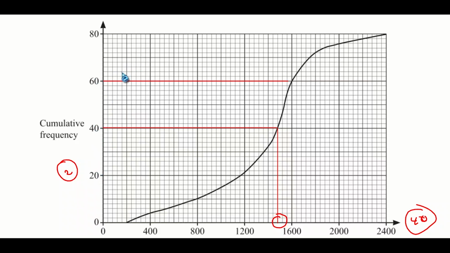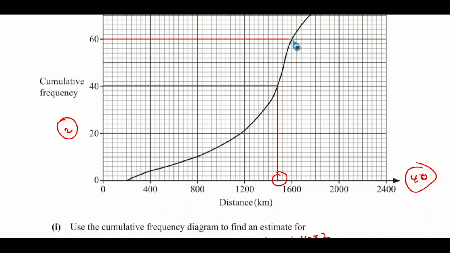So you don't need to do any calculation if you really understand it. Against this one, that will be for Q1. If you take the readings, Q3 will be 1,600, and Q1 will be 1,160, because this is just about 800.